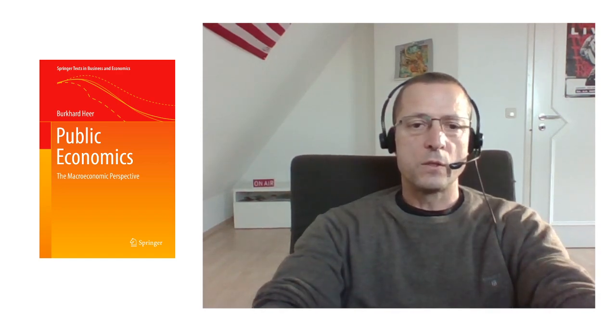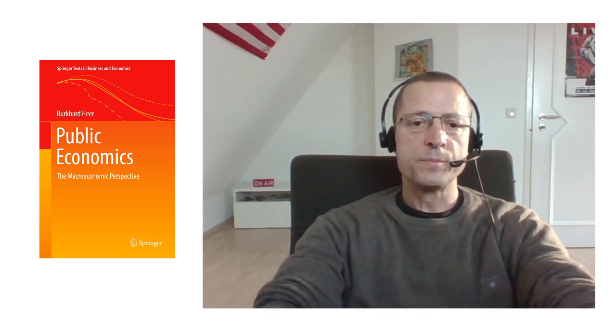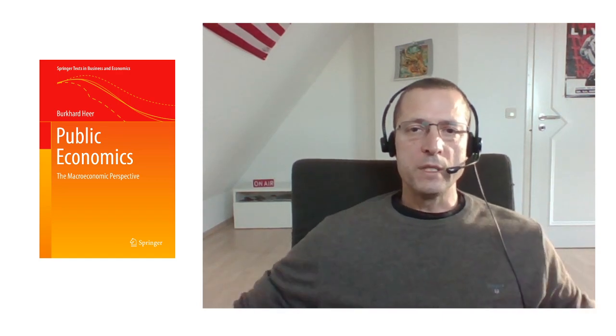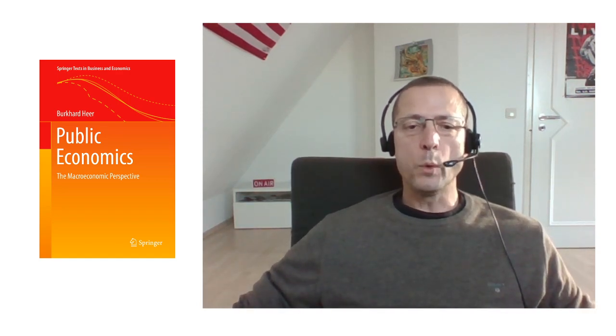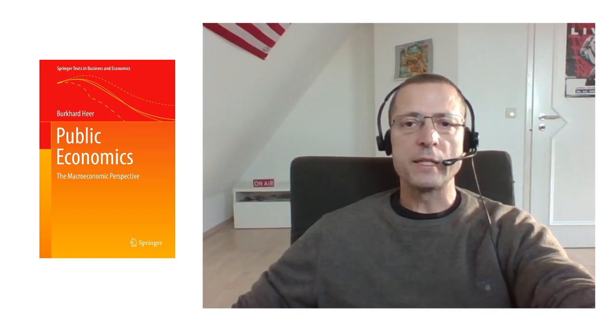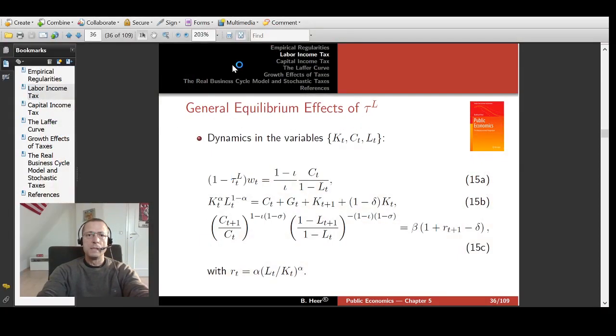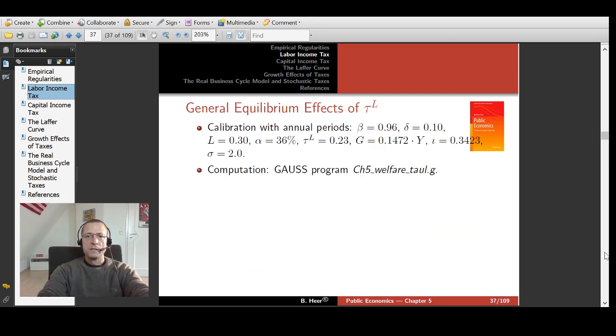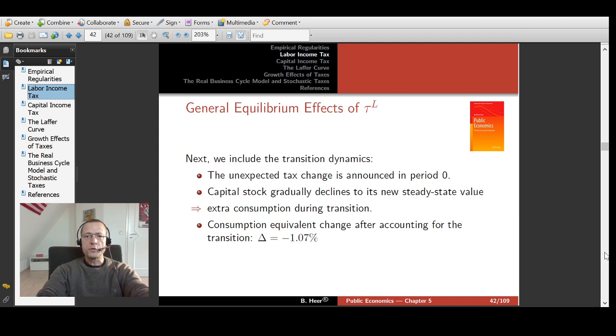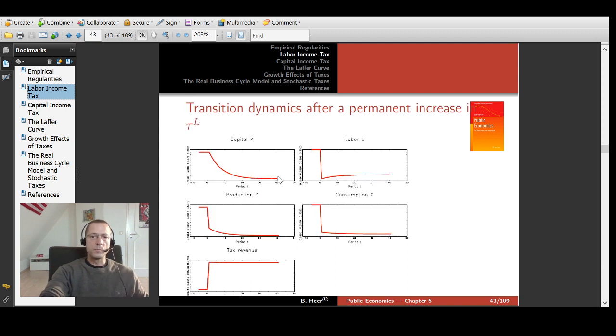And let me conclude with one comment. Why have we solved this problem with reverse shooting? So let me get back into the slides for this reason. You may wonder, why did we apply reverse shooting, starting in period 40 and working back in time until period 0? Why didn't we start in period 1 and work forward?